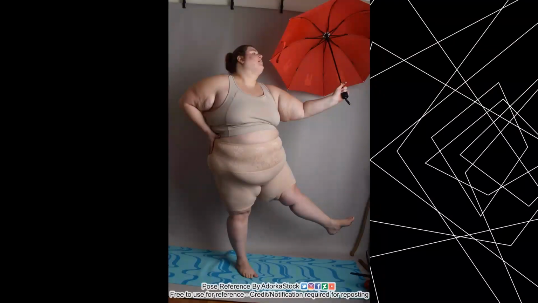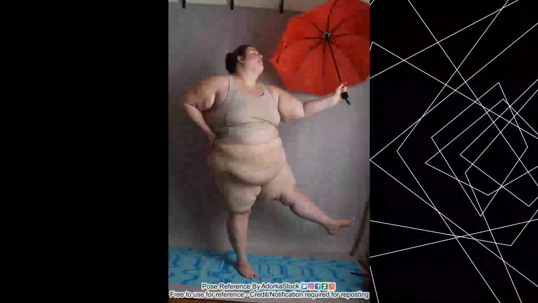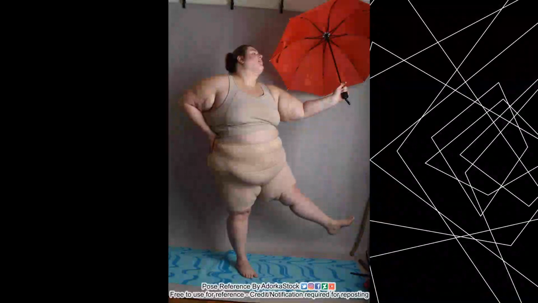This is our fourth pose. Remember, fat bodies have more curves to them. Try to indicate that in your gestures. Thirty seconds.